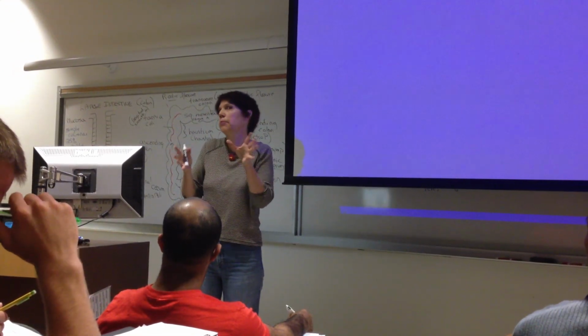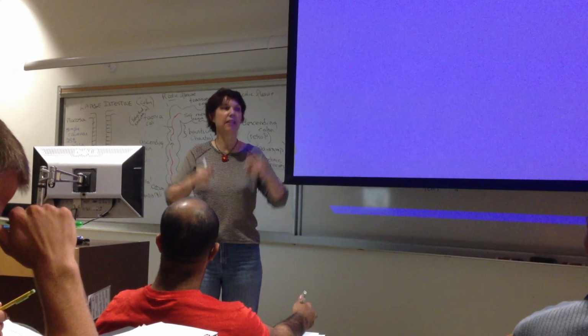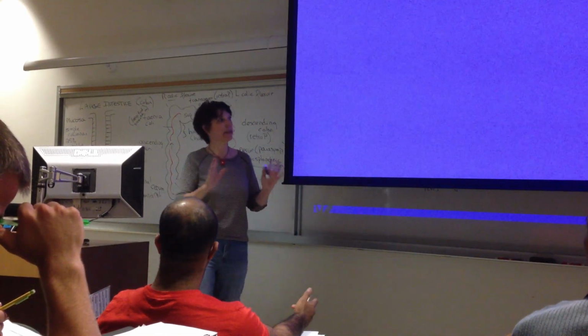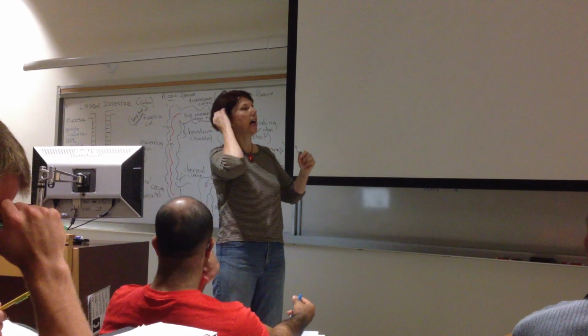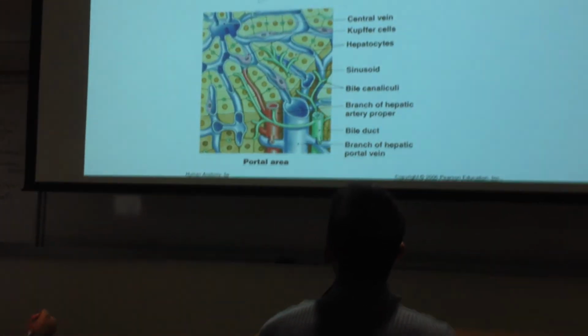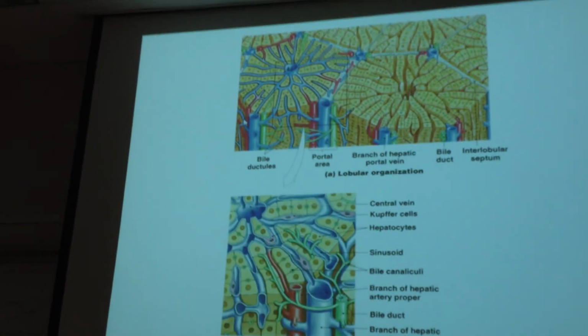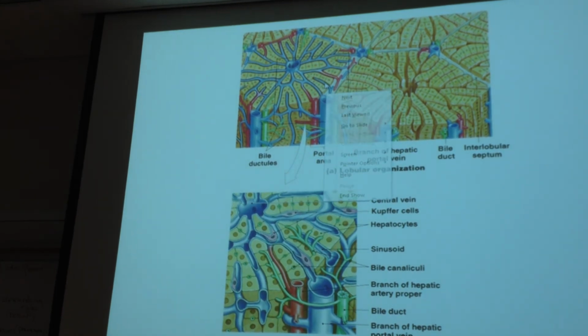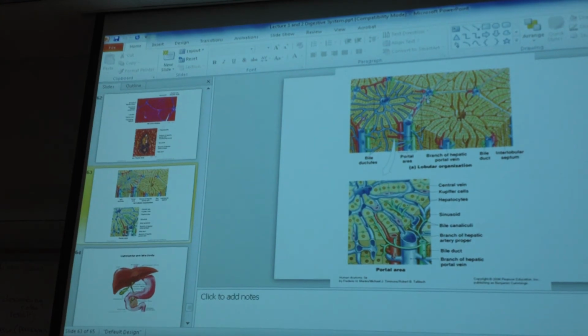In humans, it's a little more difficult to see the six-sided arrangement, but in pigs, that's a little bit easier to see. And so, hepatic artery and portal vein will run up the corners of each of these structures, such as you see here. So each six sides of the hepatic lobule is going to have this grouping.